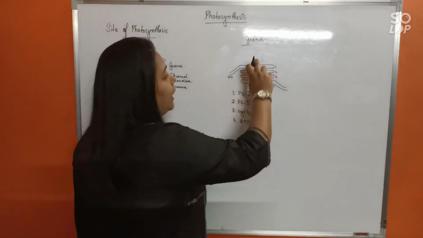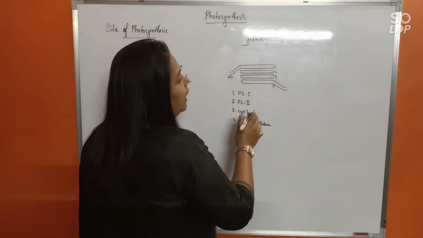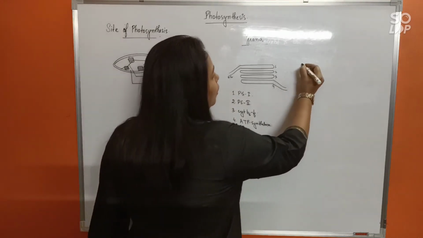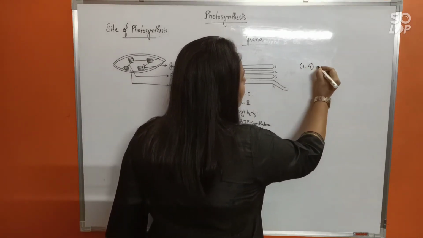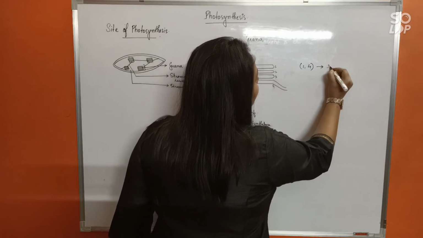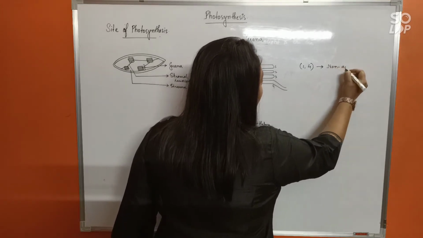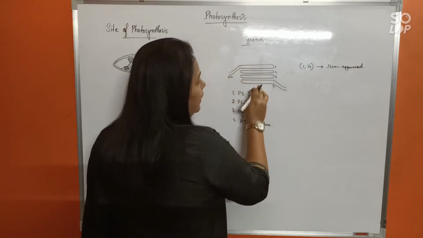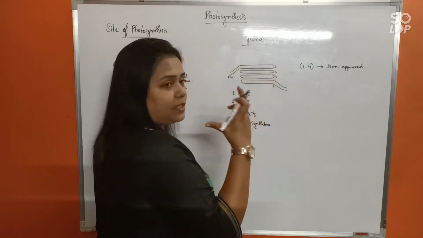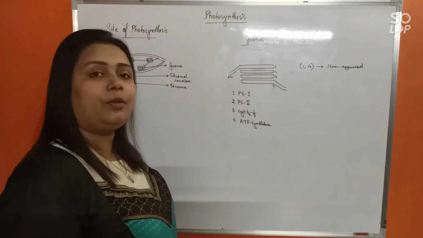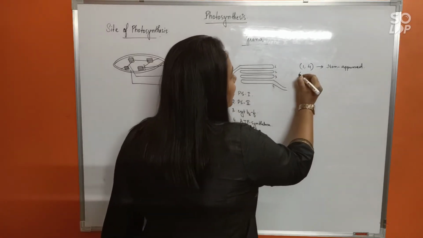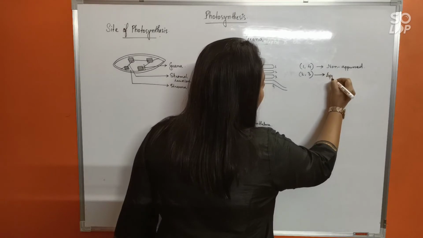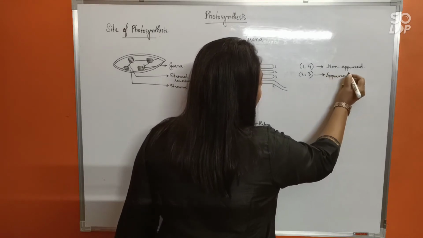Now, if you look at the grana properly, you will find that there are 2 types of thylakoids here. 1 and 4 are called non-appressed thylakoids. See, they have free ends, not being pressed from both ends. So we call them non-appressed thylakoids. 2 and 3 can be said as appressed thylakoids.